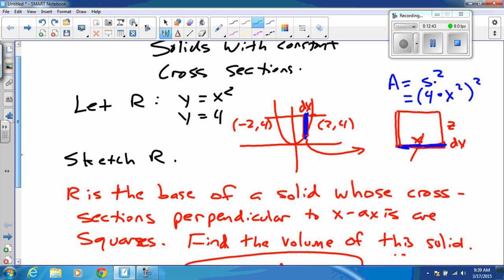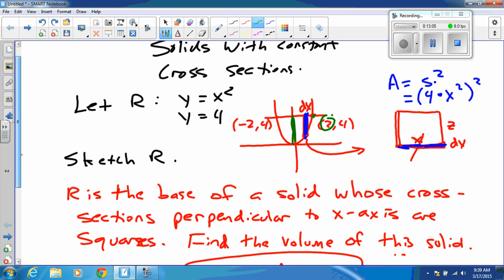Because what we have is the area of this fellow as a function of x, and we're going to check that. We're going to check it at the middle where we have our largest, and we're going to check it at the end where we have our smallest. At the end right here, from our picture, we expect a height of 0 because we have a width of 0.